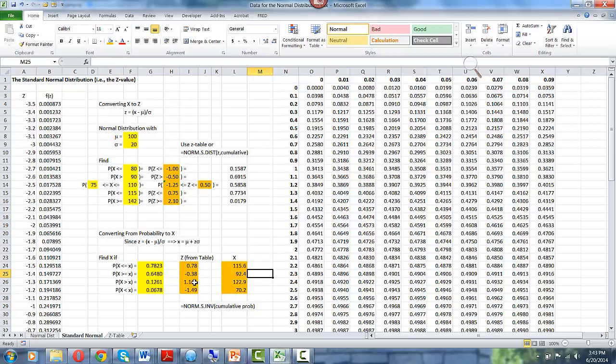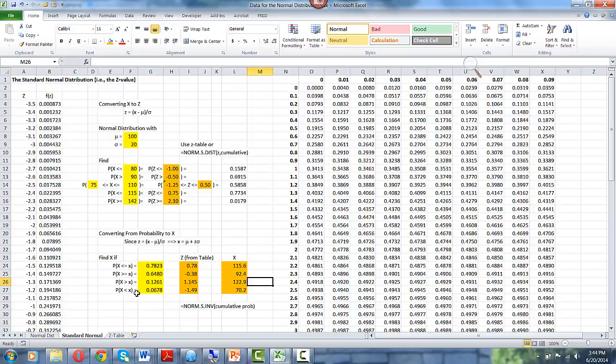When it's real close to halfway, that's the only time I interpolate. So I went ahead and added a 0.005 here. And it is on the upper tail, so it's a positive number. So that converts to 122.9. So probability x is greater than 122.9 is 0.1261.